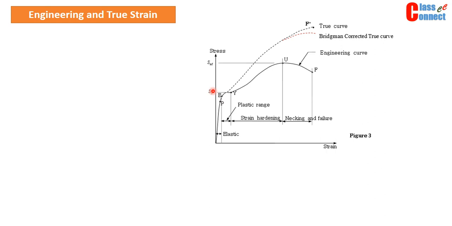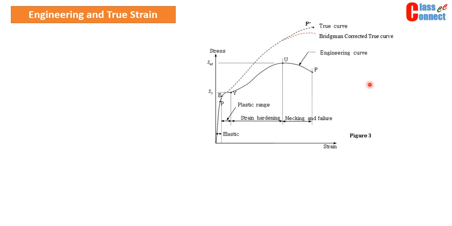The slope is too high, it means theta is approximately 90 degrees. So the initial portion of this line should be as close to the ordinate, that is the y-axis, as possible. These are a few things that we have to take care of while drawing the stress strain diagram.